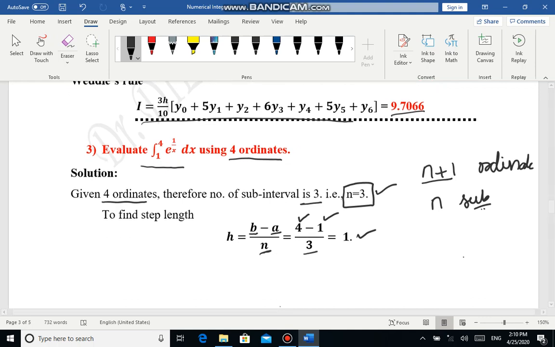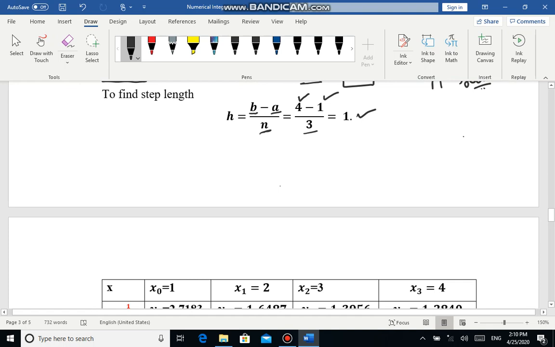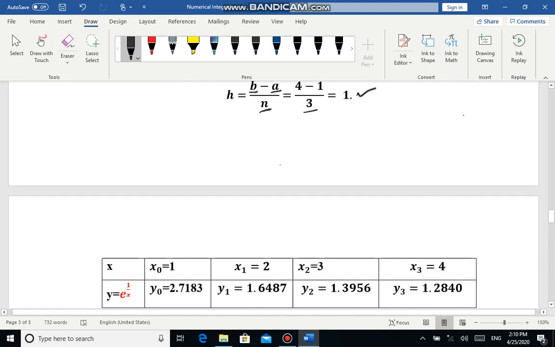Now using this step length, we need to find the values of x, and using that we need to find the value of y. I told you already, our initial value of x is always our lower limit. Next, x1 is nothing but x0 plus h, x2 is x1 plus h, and similarly x3 is x2 plus h.